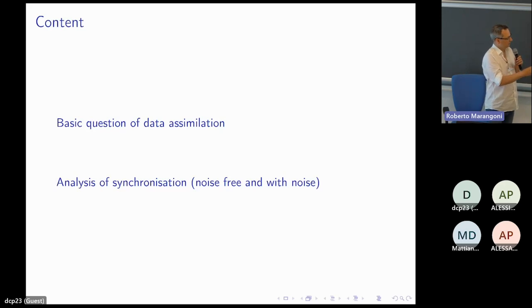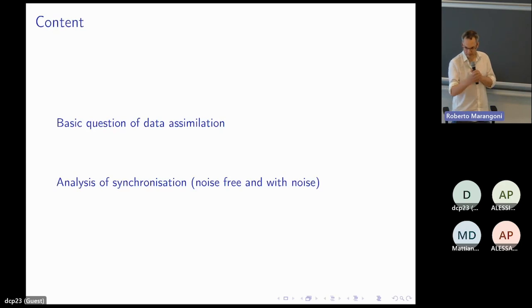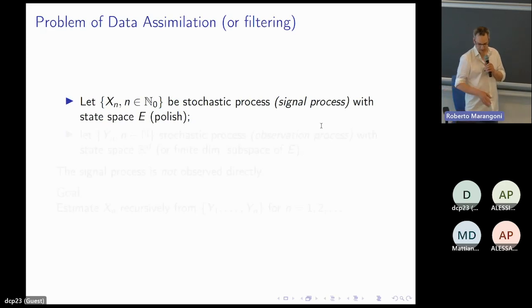So you can regard this approach to data assimilation as a specific instance of synchronization. However, it's going to be in an infinite dimensional context. So mainly I will focus on 2D Navier-Stokes. And I will actually also mostly focus on the case where we have stochastic influences.